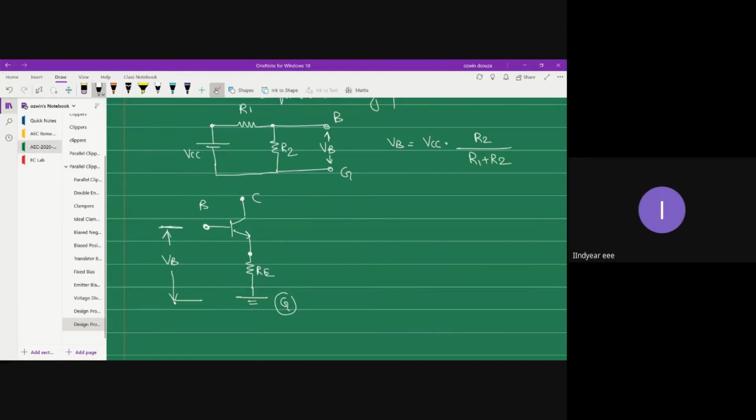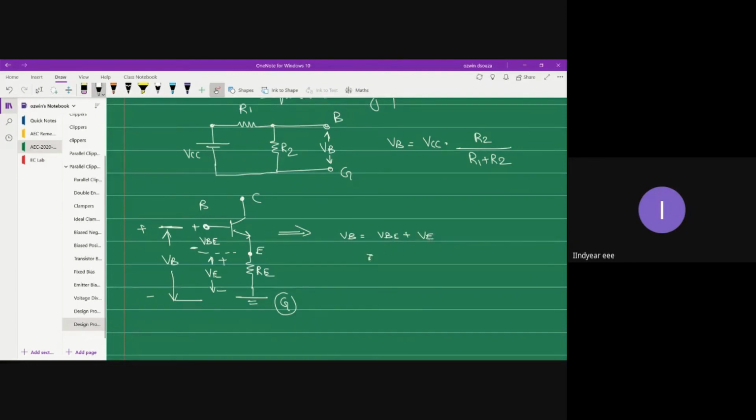Now base to ground voltage is nothing but base to emitter voltage VBE plus emitter to ground voltage VE. This is minus, this is plus, because ground is always at lower potential. And between base and emitter, your base will be at higher potential and your emitter will be at lower potential. So from this circuit, you can write VB as base to emitter plus emitter to ground, which is VE.